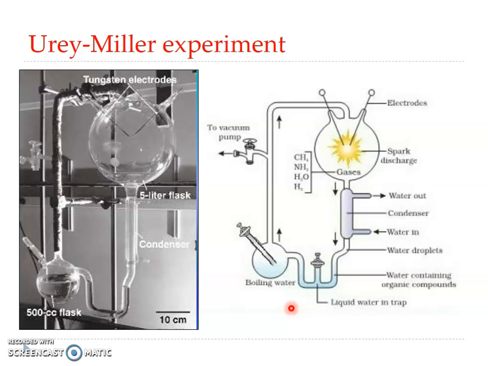Another experiment which came later was by Melvin Calvin. I hope you remember what you have learned in your botany classes, the process of photosynthesis was explained. The same Melvin Calvin, from the same set of raw materials but using gamma radiation, produced purines and pyrimidines. In the Urey and Miller experiment, they could produce different kinds of amino acids.